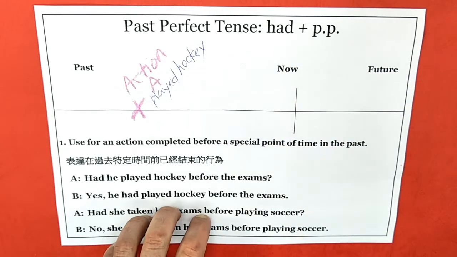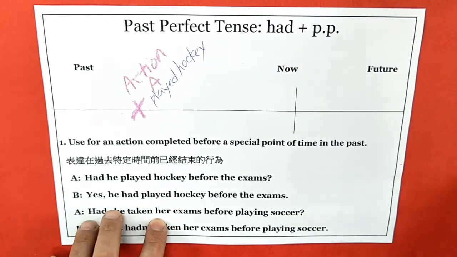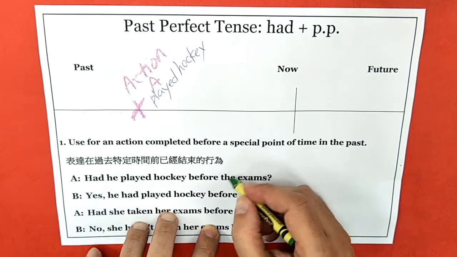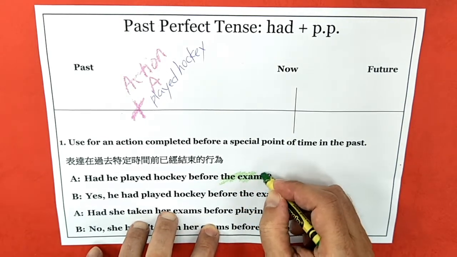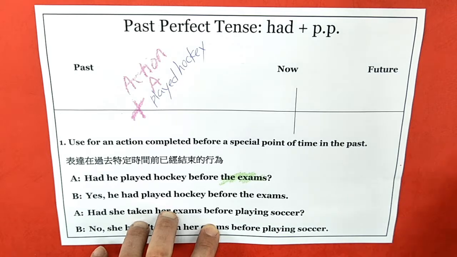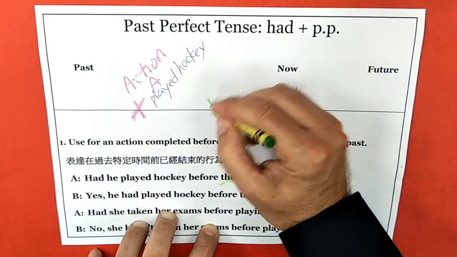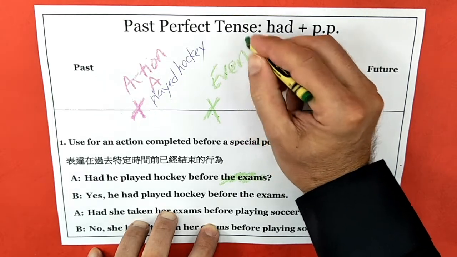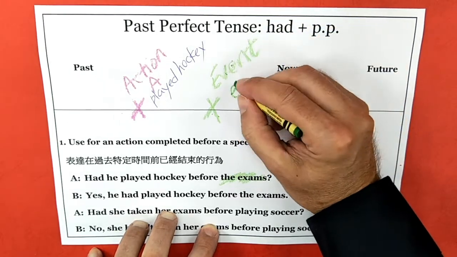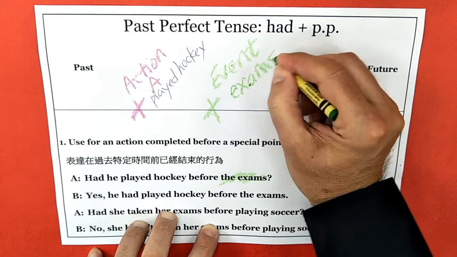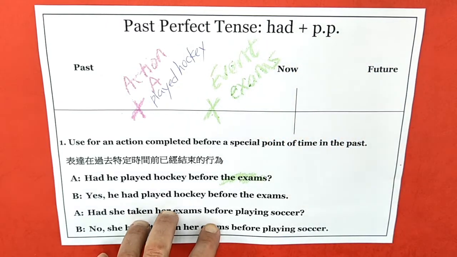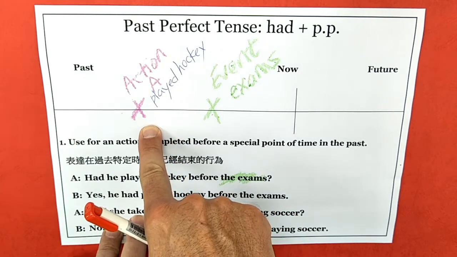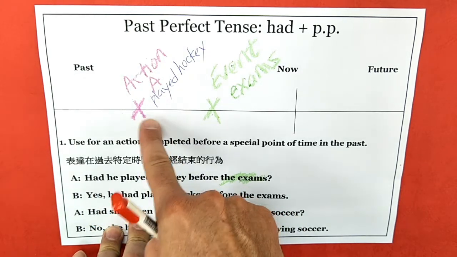Okay? Now, there's another action here. He had exams. Exams. So here are the exams. This is event or a time. And that was the exams. Okay, so he starts playing hockey.